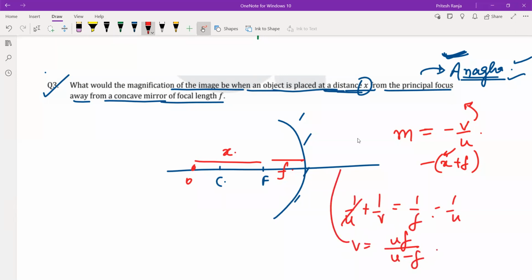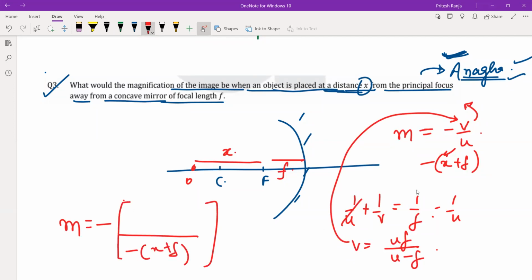We will find this value and keep it here to get the value of m. That will be minus v by u, where u is minus x plus f, and v will be u into f, that means minus x plus f into f, divided by u minus f, that is minus x minus f minus f.